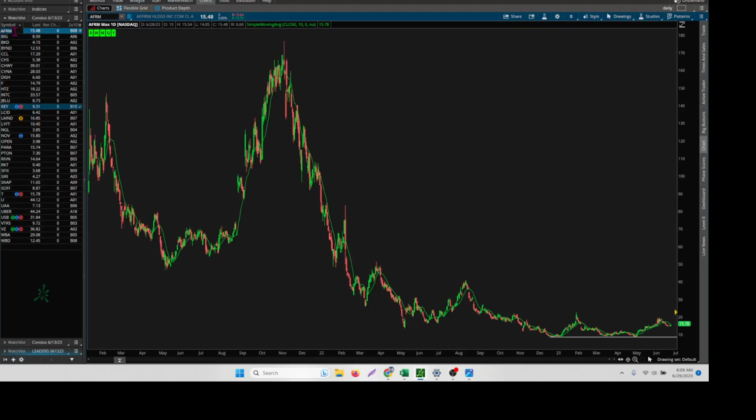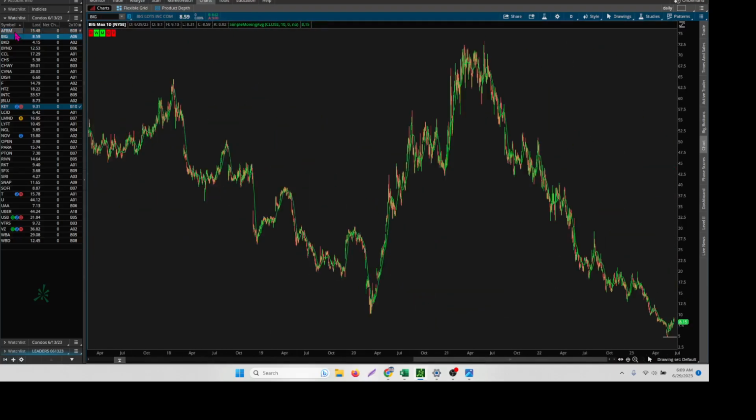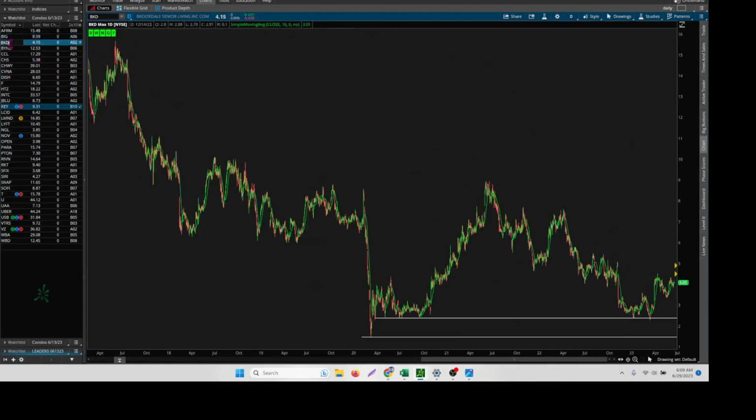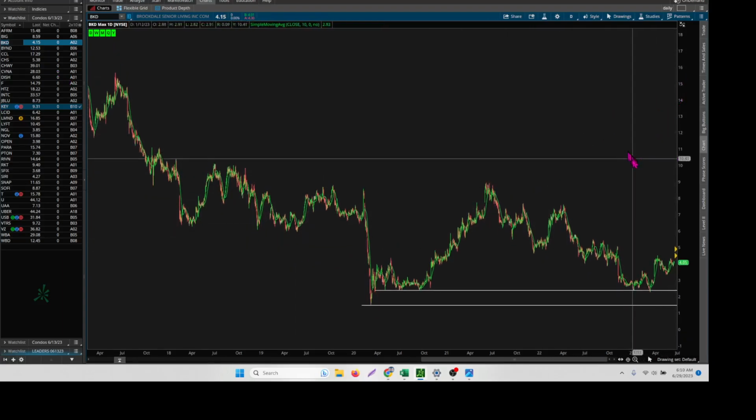So let's look at a firm. You can see new lows, right? Trying to reverse. BIG took out previous low. This is the previous low right here, guys. Okay, trying to reverse. BKD, all right, so this is one of the exceptions. You remember how I said I put in new higher lows?